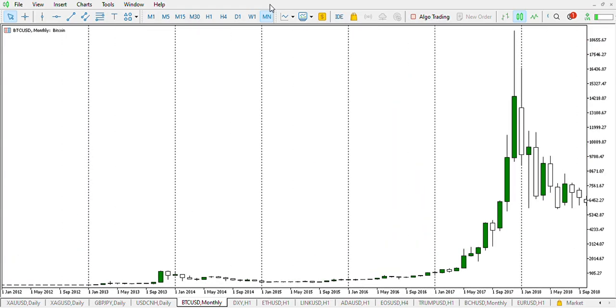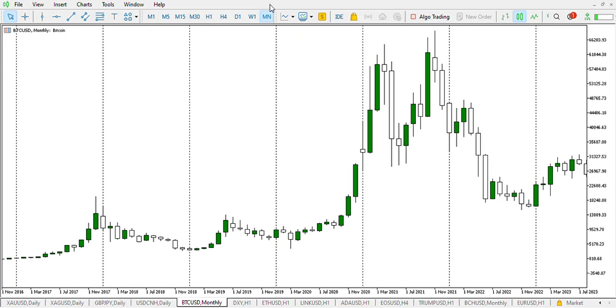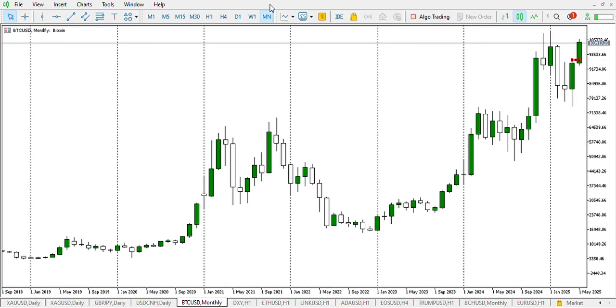So the financial market is bigger than what we see on the chart. There is a game going on, and you need to understand how these players are behaving, because if you don't, I bet you are going to miss out on the great opportunities that the market always has to offer.